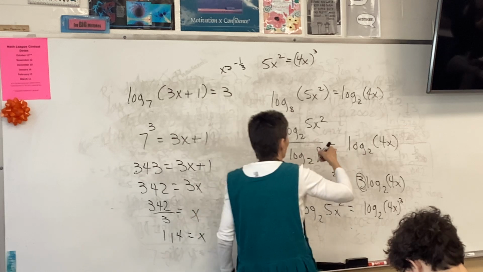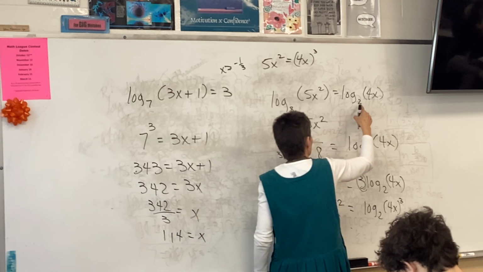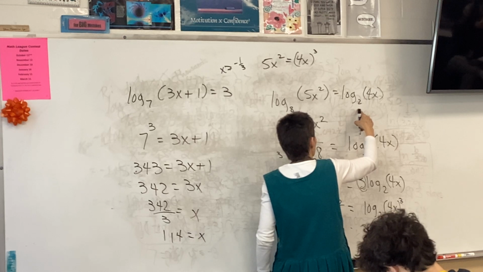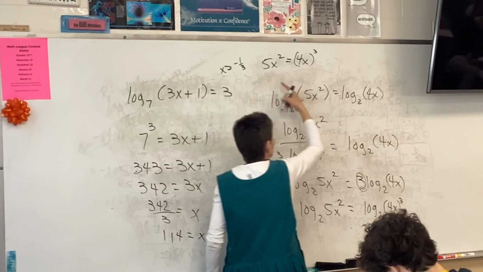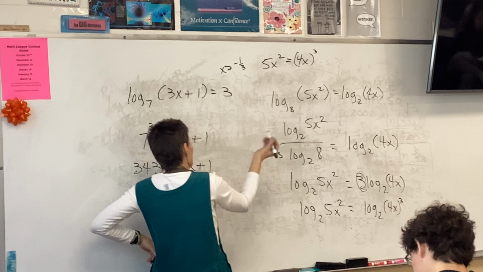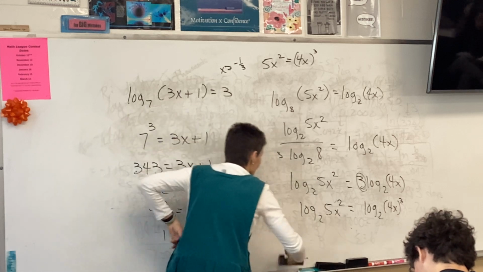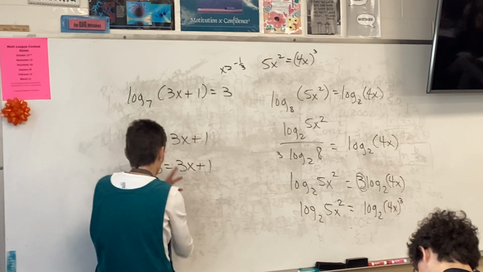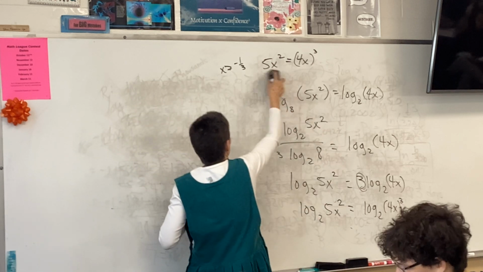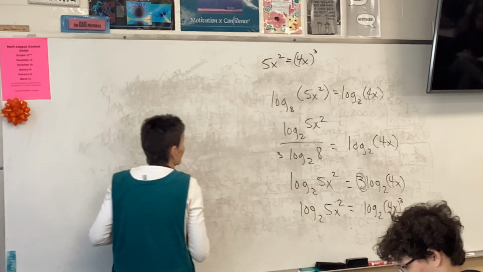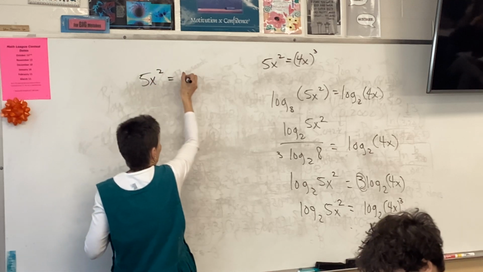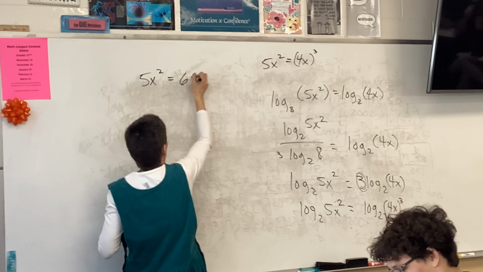So the thing I've got to work on is the fact that 8 is 2 cubed. You made that an 8 and put a 3 up there, and that's exactly what's going to come out of it. I just have to figure out why that is. Anyhow, what do I do now? Regardless of how you got here, we're all going to get here. I already dropped them, so now I'm up here. We'll get it to one side. So 5x squared equals 64x cubed.